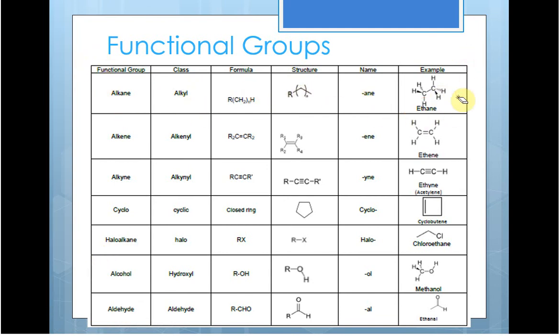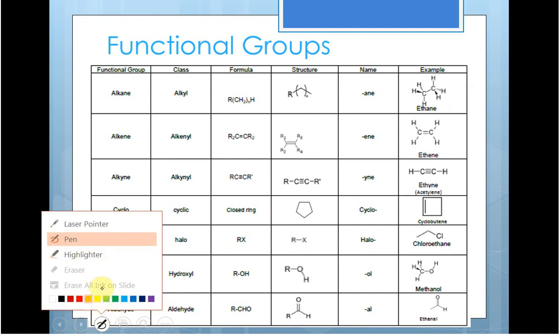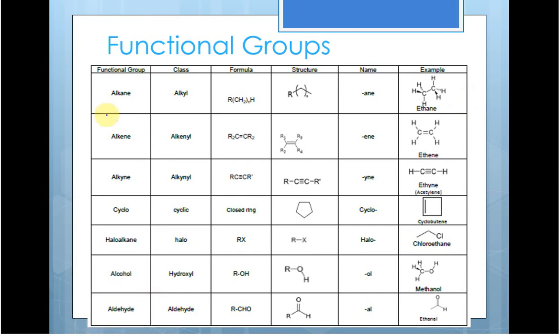Now, the simplest kind of organic compound is a hydrocarbon. Let's go with purple. Those could be an alkane, an alkene, or an alkyne. They can also be cyclohydrocarbons. Now, alkanes only have single bonds, and they're going to end in -ane. Alkenes have a double bond somewhere, and they'll end in -ene.